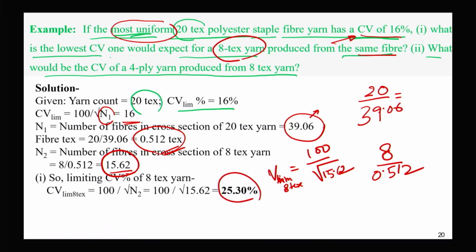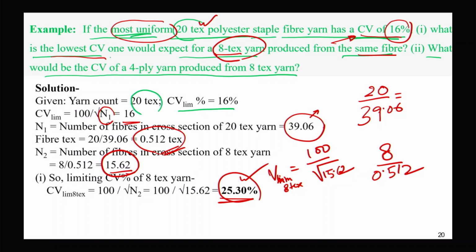So that is the minimum irregularity or minimum CV possible for 8 tex yarn, which is 25. So for 20 tex coarser yarn it was 16, and if we make it finer yarn, the number of fibers has reduced, so irregularity has increased.